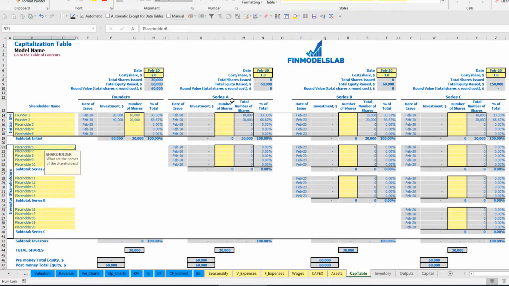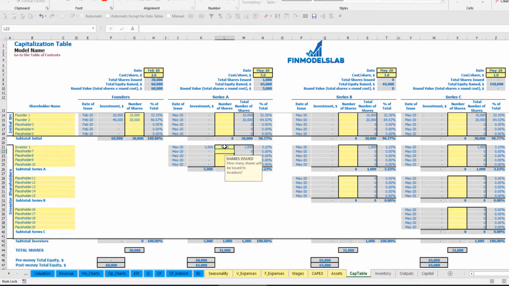Let's pretend that for Series A we have one investor, the date of issuance is May, cost per share is $5 and number of shares is 1,000. So the total amount of investment will be $5,000.